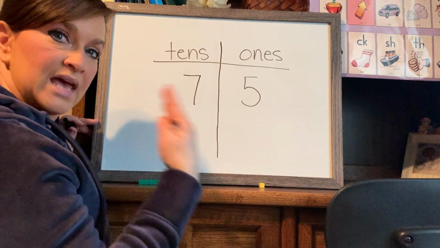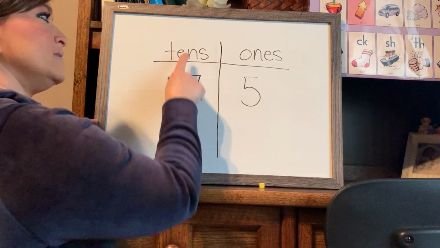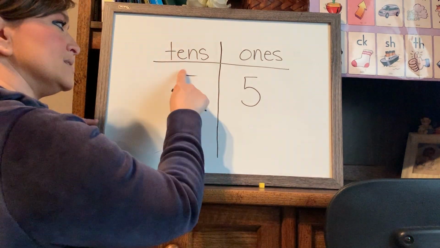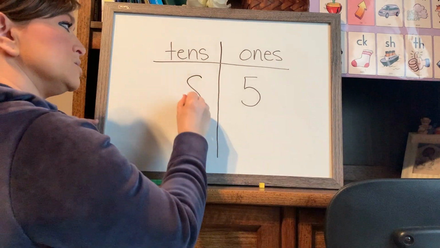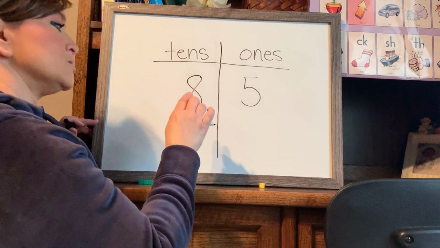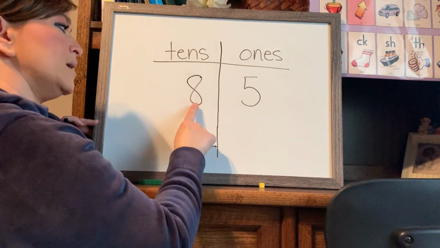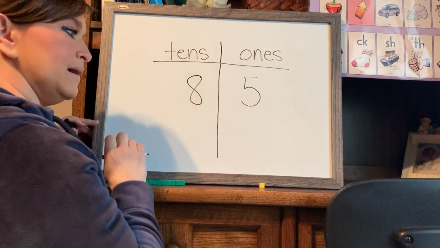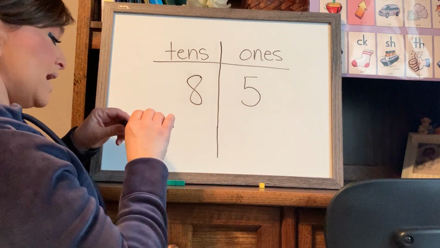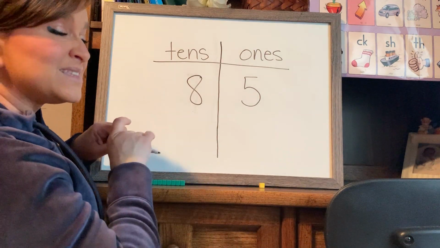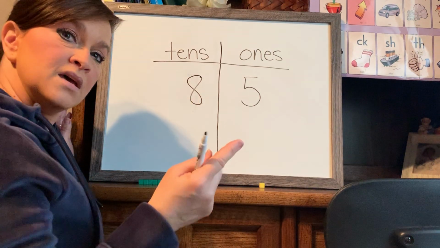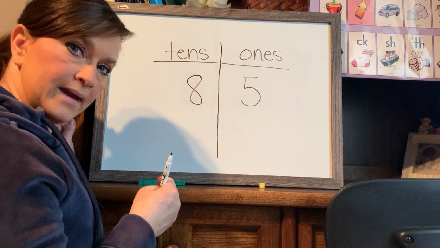Okay, so if I want to do 10 more, the number in the tens place just gets bigger. You just move it to the next number. So 75 would become 85.